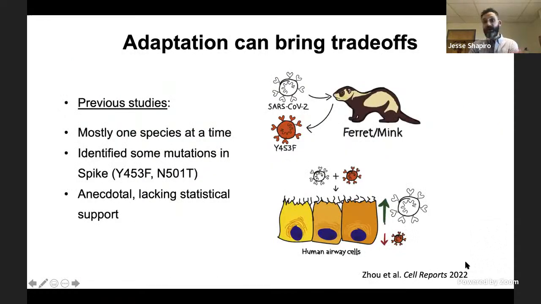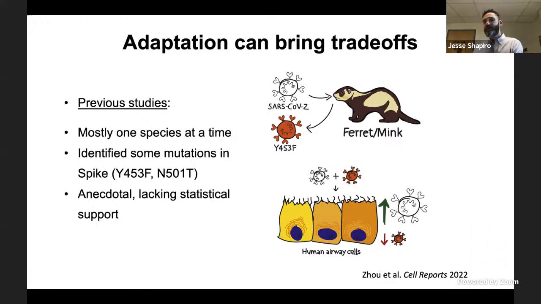So there have been a number of individual studies on this. This is just one example. These usually look at one species at a time. This is an example from an experimental study where they experimentally infected ferrets and mink with the original SARS-CoV-2, and they selected for three different mutations in spike, so this red variant virus, which they experimentally showed is not very good at infecting human airways.